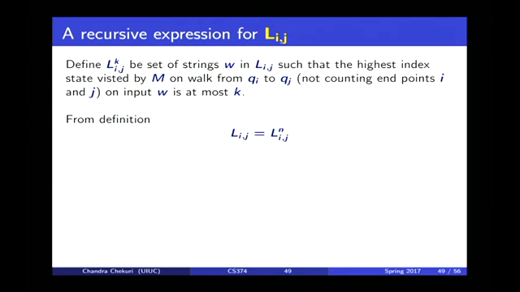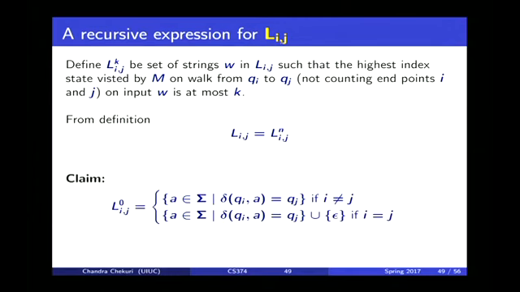We're thinking about DFAs, but we're talking about graphs now. In the intermediate states you cannot use anything other than 1 to k, just like in the shortest path. So Lij is precisely Lijn, just like in the shortest path case. You're allowed to use anything.